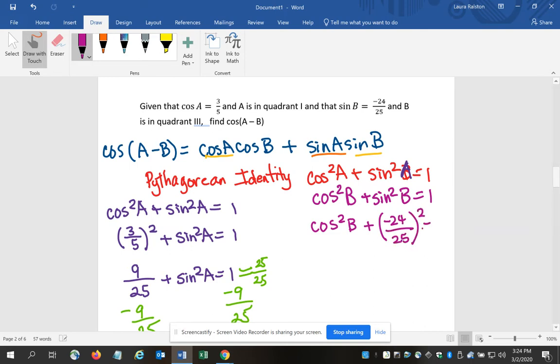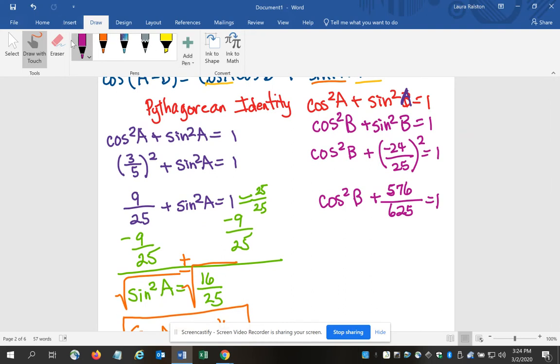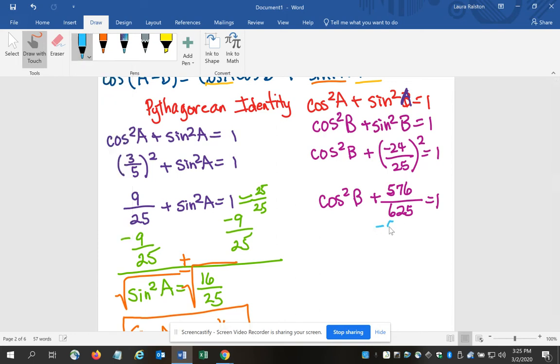24/25 squared equals 1. So cosine squared B plus 24 times 24 is 576, 25 times 25 is 625. That equals 1 whole. I then need to subtract 576 over 625 from either side.